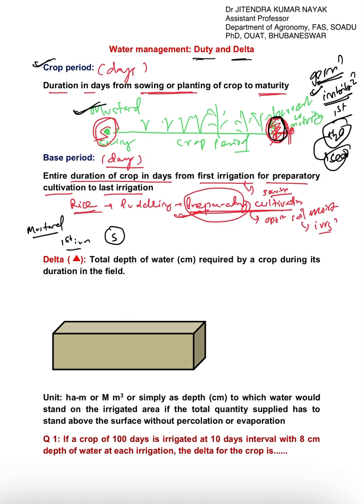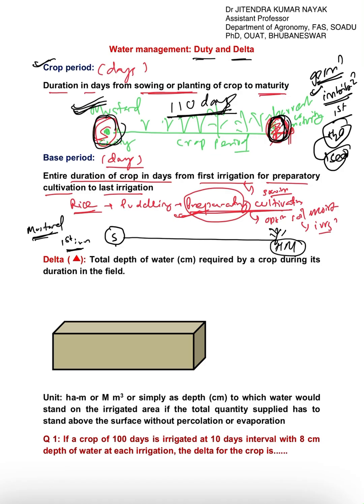Hence, for the mustard crop, the first irrigation will be applied at the sowing time, and the last irrigation will be applied 10 to 12 days before maturity. Suppose, for example, from sowing to harvest maturity the crop duration is 110 days.